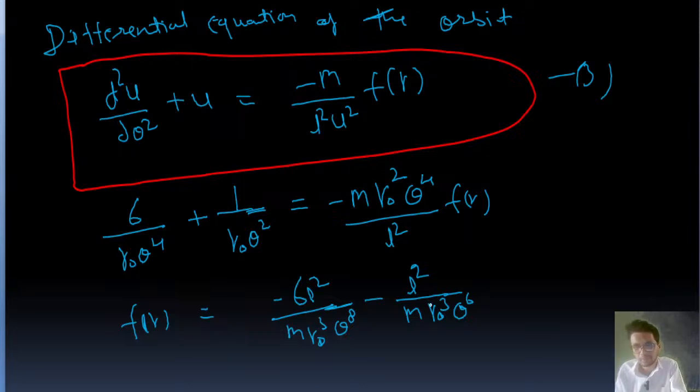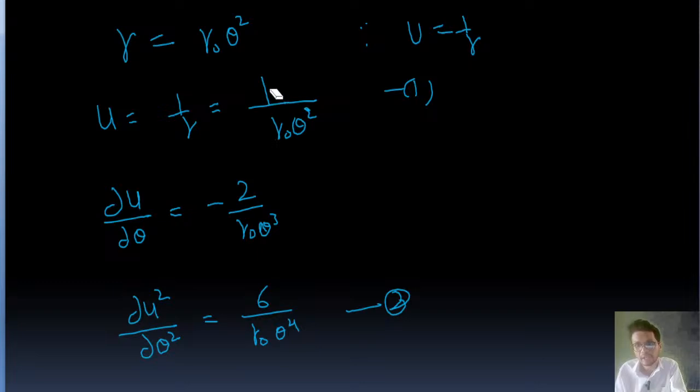Because 1 upon r equal to 1 upon r naught theta square, we know this, right? So 1 upon r square, or r to the power minus 2, is going to be 1 upon r naught theta to the power 4, right? And similarly r to the power minus 3, or 1 upon r cube, is going to be 1 upon r naught theta to the power 6, right?